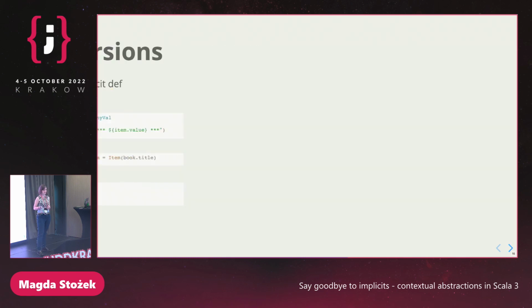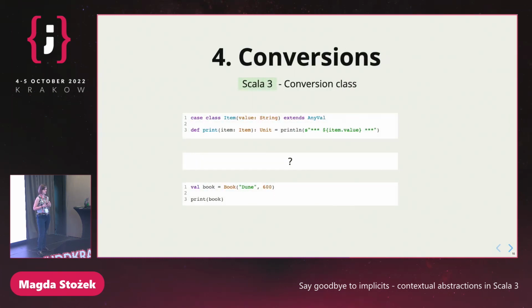In Scala 3, to achieve the same thing, you have this special conversion class. So this is actually something that comes from the package out of the box. It's scala.Conversion. It's a class parameterized by the source and the target type. So in our example, book and item. And it has this one apply method which you need to define or specify.